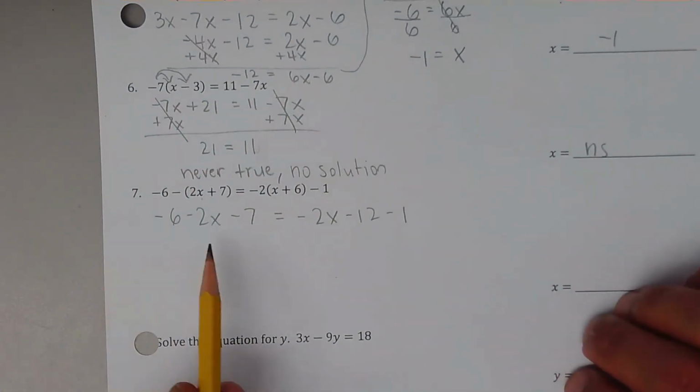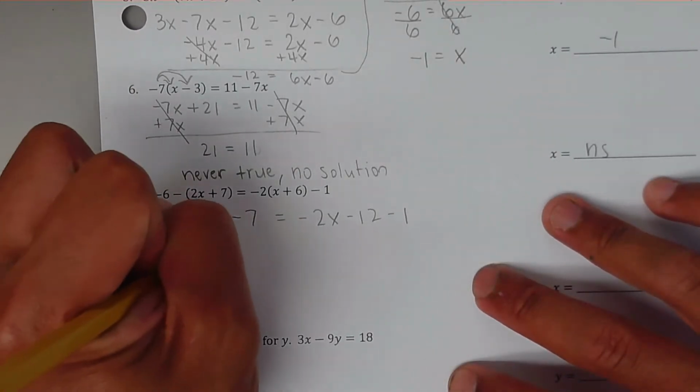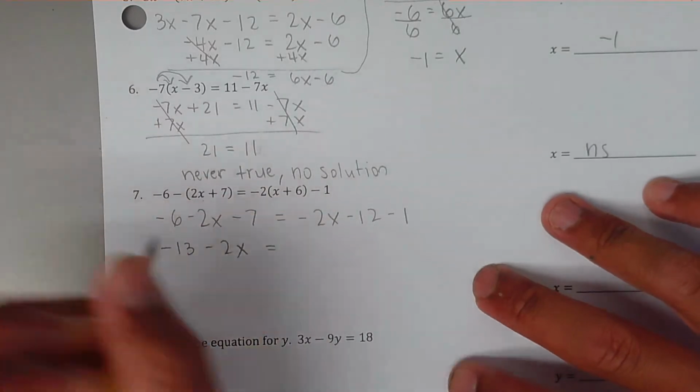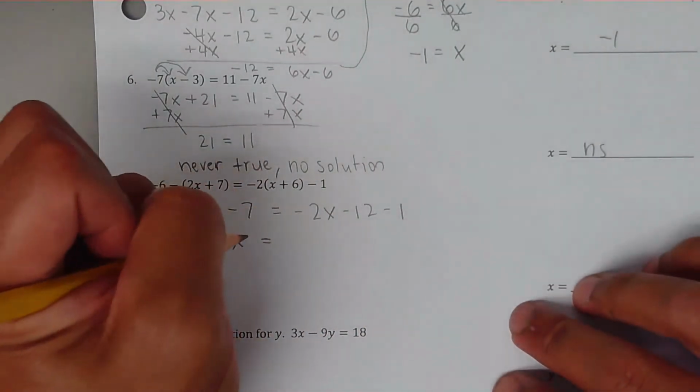All right, so -6 and -7, that comes out to be -13 minus 2x is equal to, well, -12 minus 1, that's also -13.